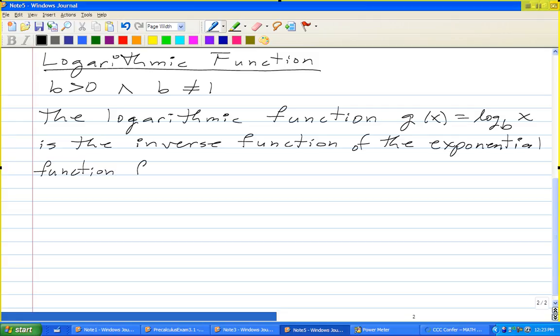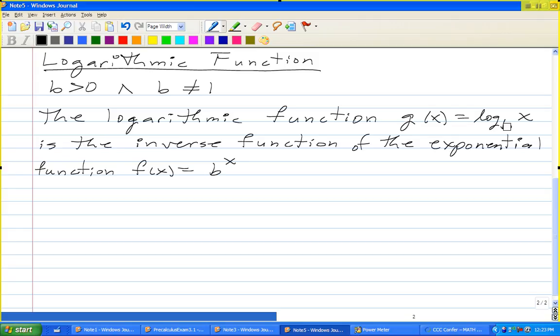Let's call it f of x equals b to the x. So notice that the base b here is the same. Okay. So this base b is the same as that base b.